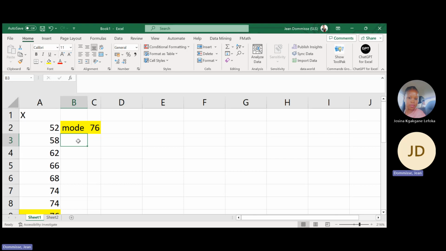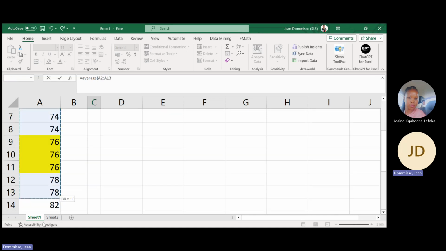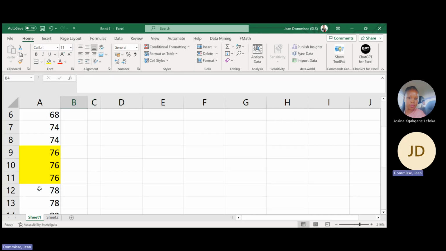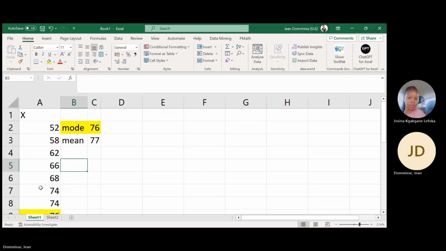Then the other one that we're going to look at is your mean. Excel doesn't have a mean function, but the same as mean is your average. So the average is just a sum of all these numbers divided by the number of numbers that there are.